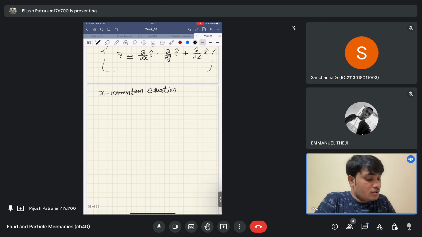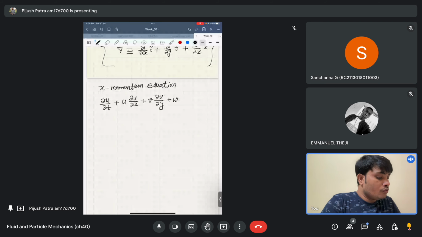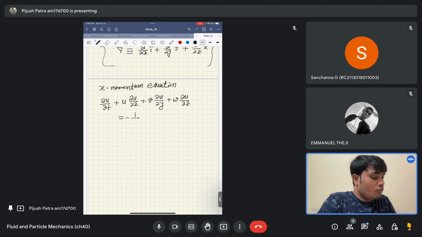So the x momentum equation will be ∂u/∂t plus u ∂u/∂x plus v ∂u/∂y plus w ∂u/∂z equal to minus 1 by rho ∂p/∂x plus nu into simply Laplacian of u.